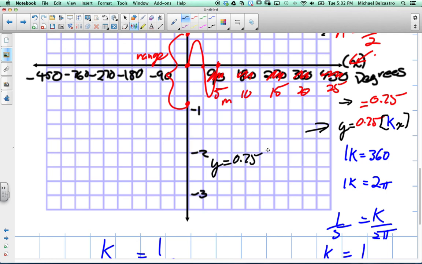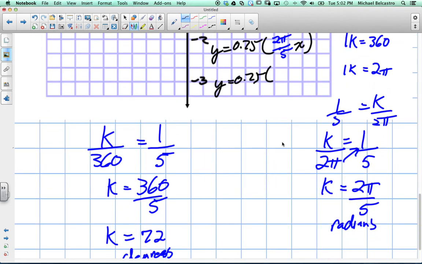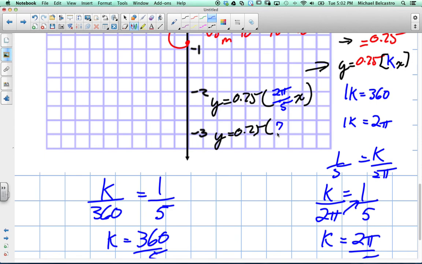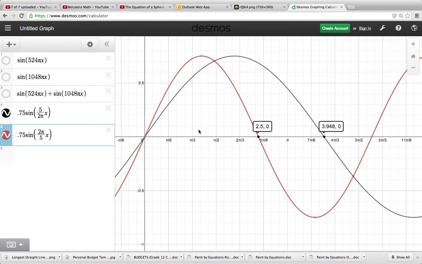There's our amplitude. And for radians, we have 2 pi over 5 x. And for degrees, the amplitude doesn't change. It's still the same. The only difference is we use 72 times x. Okay? And we'll look at what those two functions look like quickly.